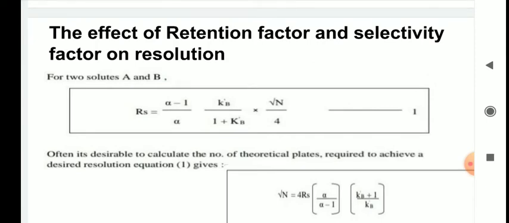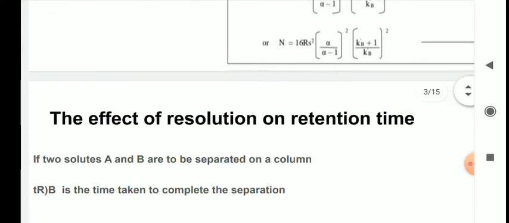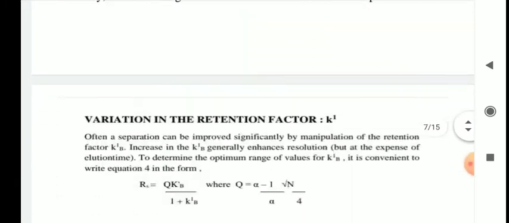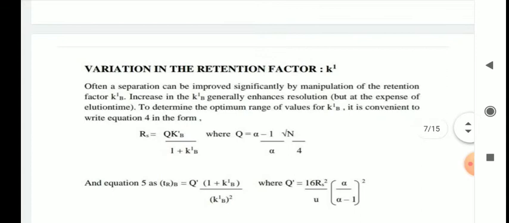Assuming that everything is constant, that is alpha minus 1 upon alpha and root n by 4 is a constant, let us call that q. Resolution will become q into k dash b upon 1 plus k dash b. So that equation I have written there against the retention factor. Rs is equal to q into k dash b upon 1 plus k dash b.